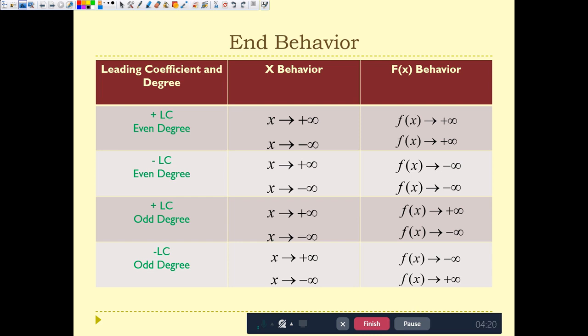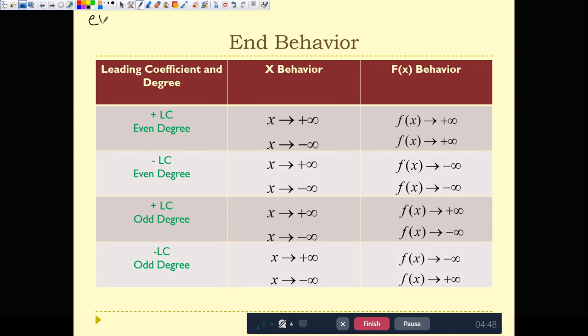If our leading coefficient is negative and it's even degree, as x approaches positive infinity, our y, or f of x, goes to negative infinity, so down. And same thing with negative infinity, it's also going to go down. So when it's even, they're kind of like in a race with each other. They go the same direction. Okay? So I'm going to write that up on the top of our slide. You might want to write it off to the side.